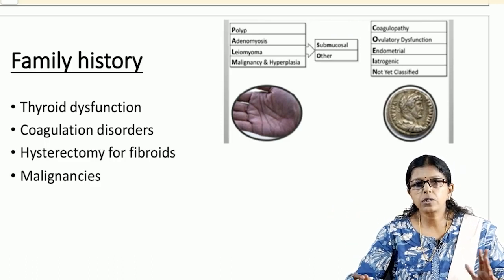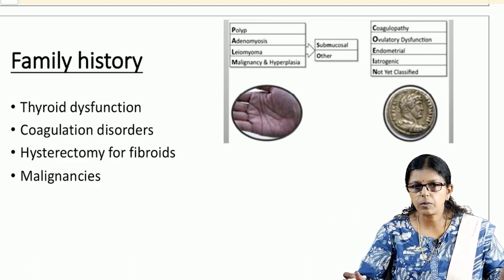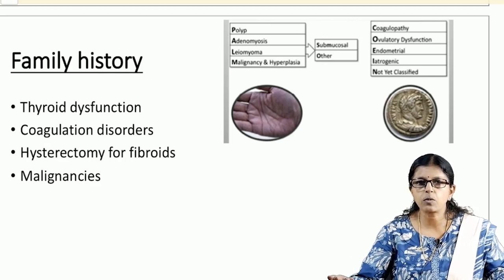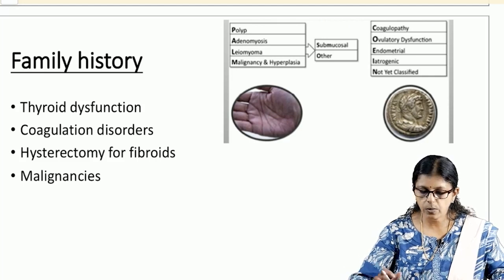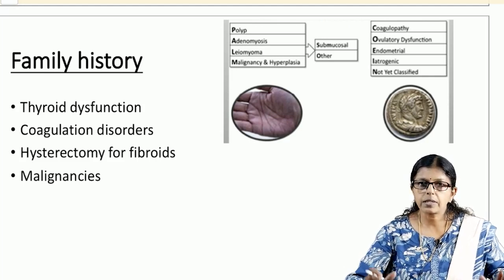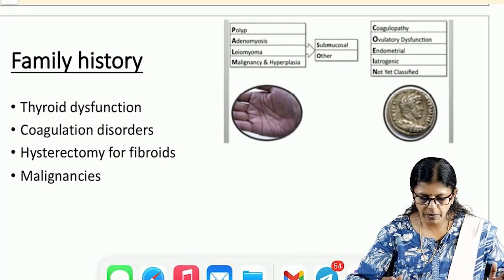And also coagulation disorder. You may have a brother or a sister with some coagulation deficiencies, thrombocytopenias, etc. Then you have to look for these coagulation defects in your patient. So, you have to take a proper family history.